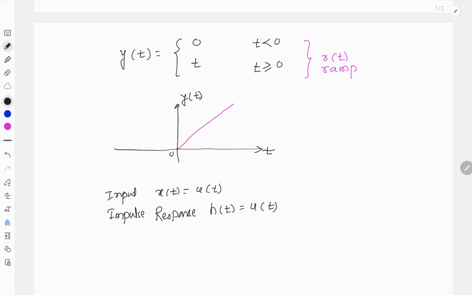And now if we apply input x of t to this system whose impulse response is h of t, we get the output y of t as a ramp signal.